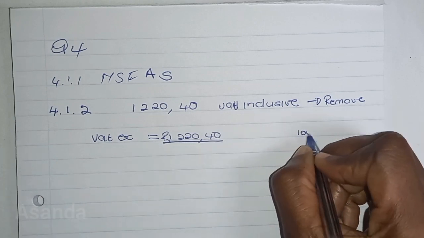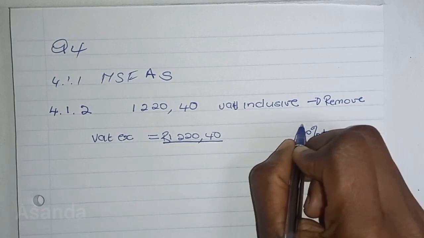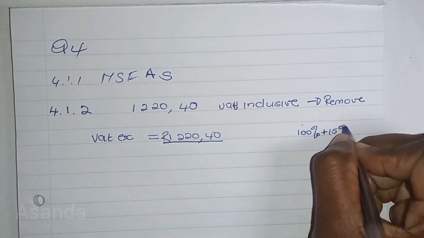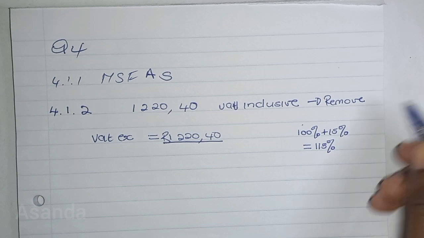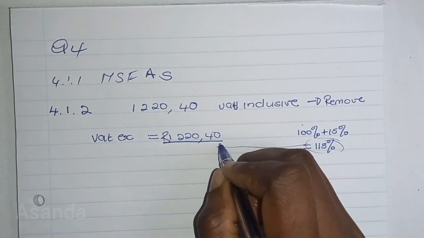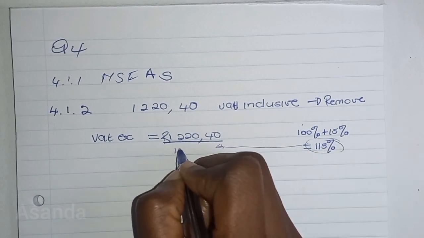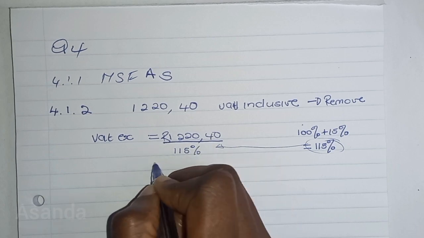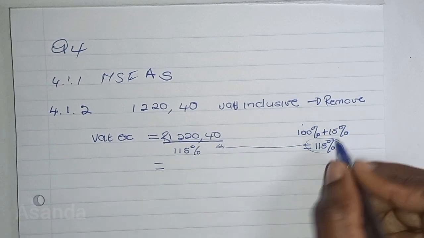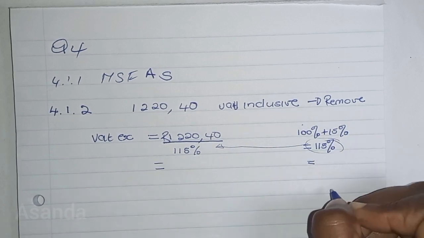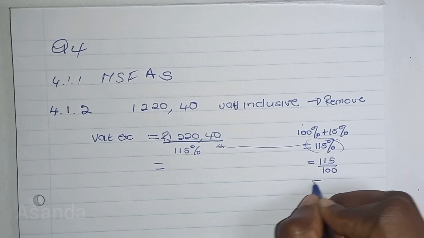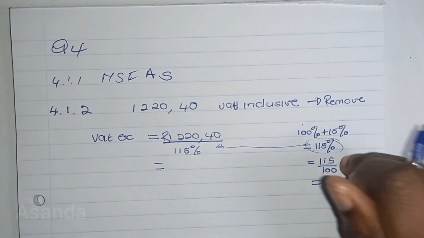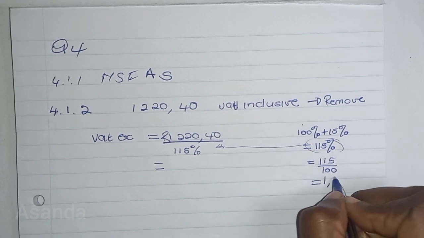So remember I said 100%, this is VAT exclusive, plus 15%, this is VAT, will give you VAT inclusive, 115%, right? So we're going to divide by 115%. Now, just for my convenience, I say percentage can be changed into a fraction, 115 over 100. And a fraction can be changed into a decimal. So I say 115 divided by 100, that's 1,15.